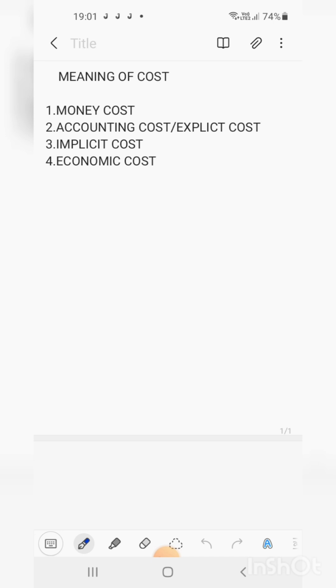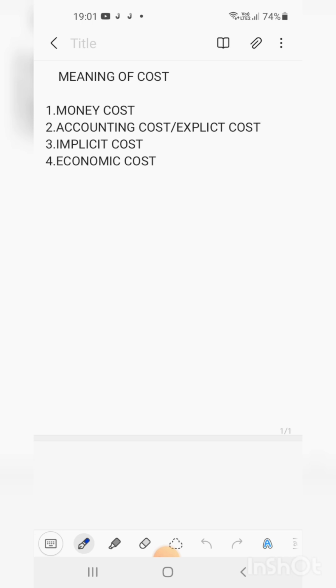Okay. What do we mean by cost? Every firm makes use of factors of production, that is land, labor, capital and raw material to produce goods. These are called inputs. The sum of money spent on these inputs is called cost of production.